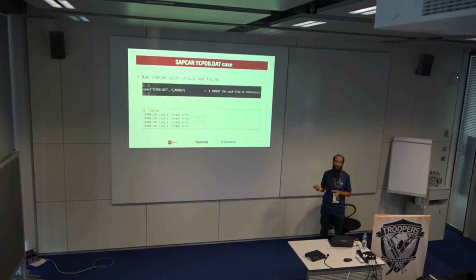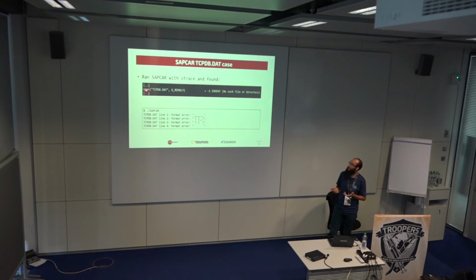Another interesting thing that I found, and I just put this in for fun and for reference, is that when I started looking at SAP CAR and how it treated files, I found that it opens a file in the same directory that you are in. It reads it, and I don't know what it does. I think that for the name, it's something related to the encoding, because the encoding tables in SAP have a similar name, but I don't know why.